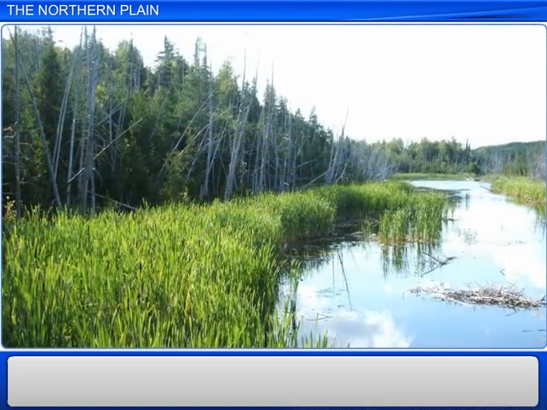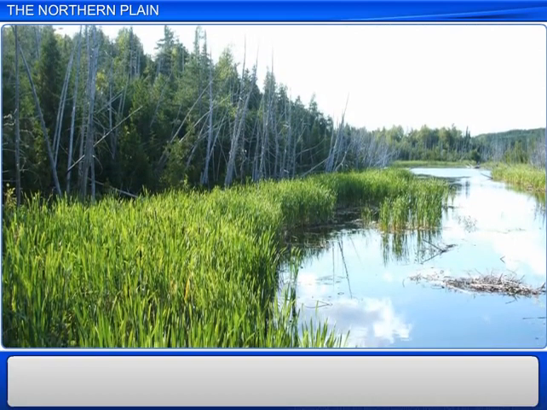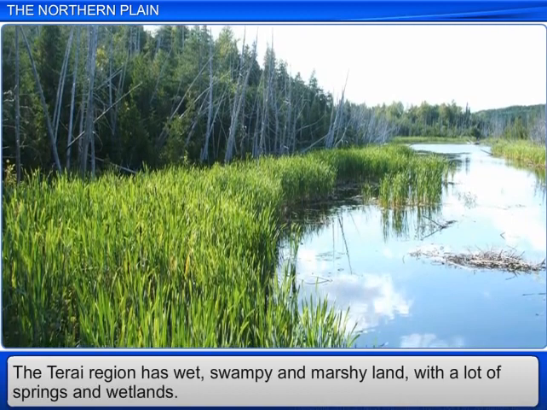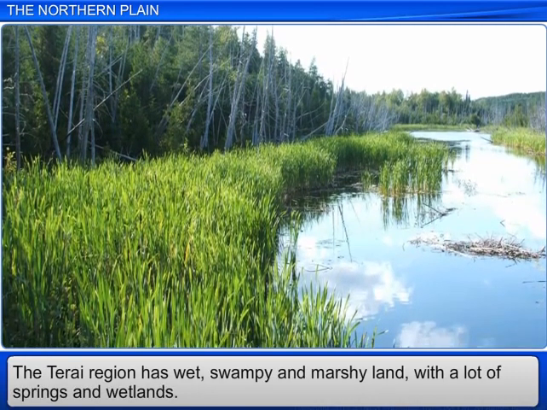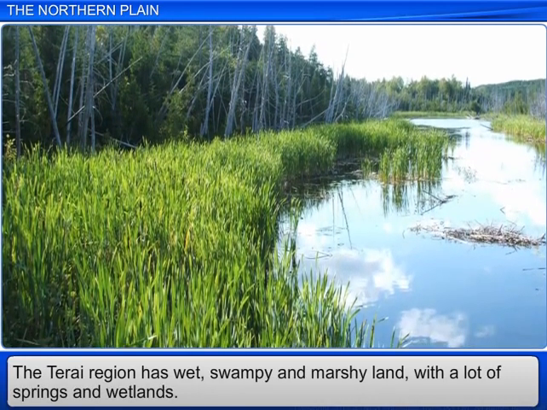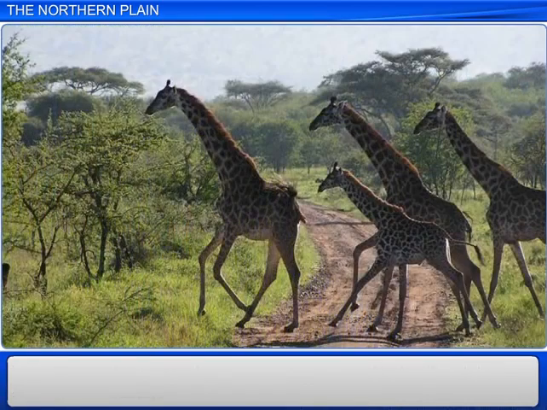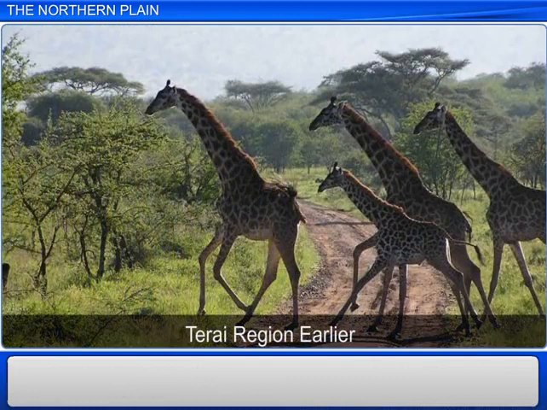The high water table creates a lot of springs and wetlands in this region. Earlier, the Terai region was thickly forested and abundant with wildlife.